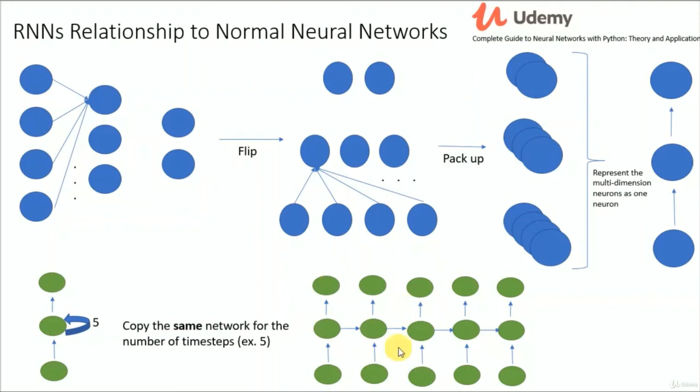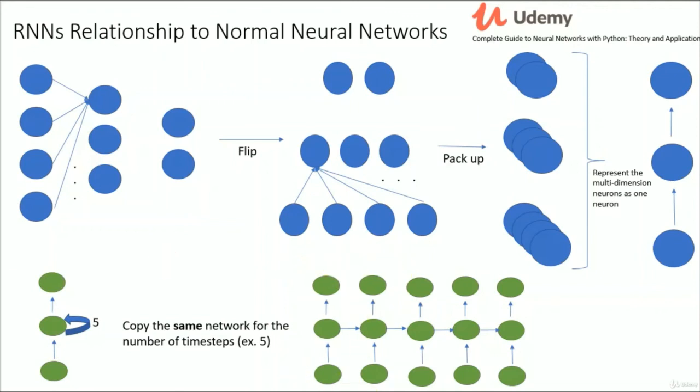This one receives a different input and the hidden state from the previous time step, and so on. So what you're doing is passing information from one neural network to another, or in other words, from one time step to another.